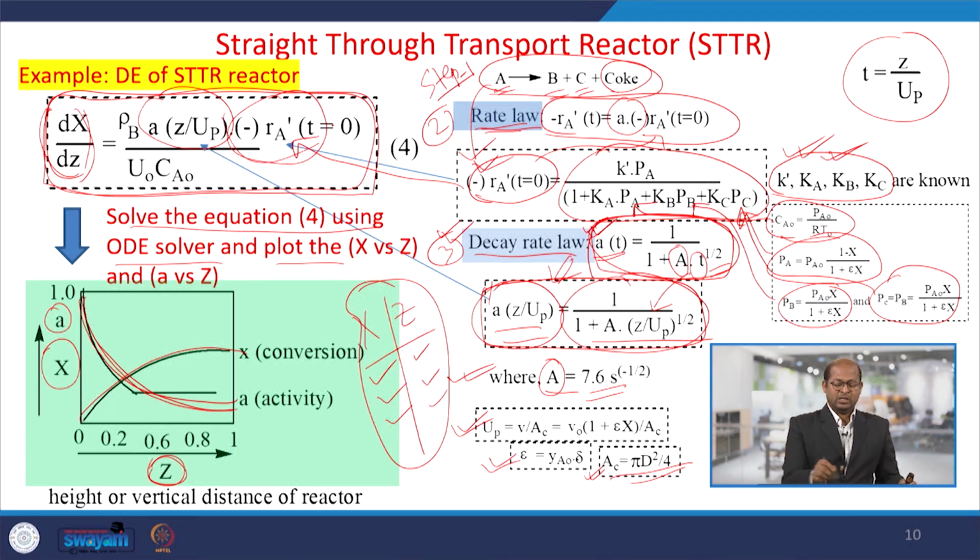The catalyst deactivation is there, and at the same time the catalyst takes part in the reaction. Both can be coupled in the design equation, with all the known parameters in the rate equation and decay rate law, component A, z, and u p known, including the total height where the reaction takes place, particle velocity, and gas velocity. Then we can solve these equations easily.